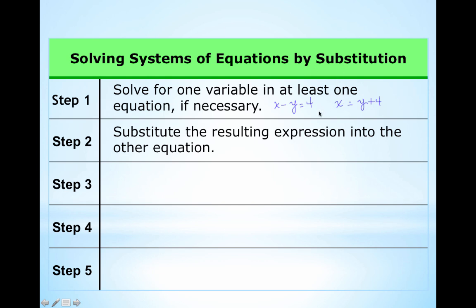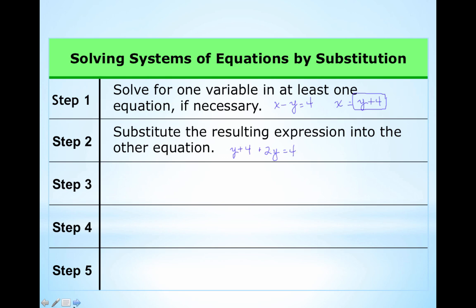Well, I took that value of x and I substituted that back into the second equation. So I had y plus 4 plus 2y equals 4. This is the problem from the last slide. So go back to your notes and look at this.